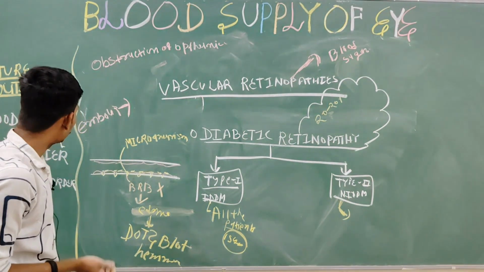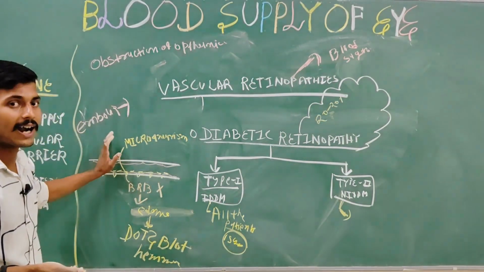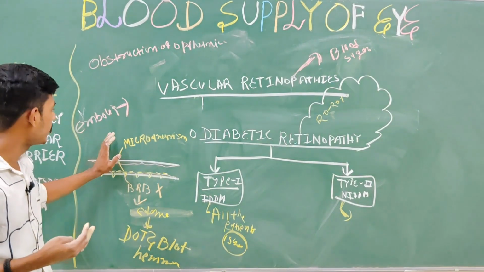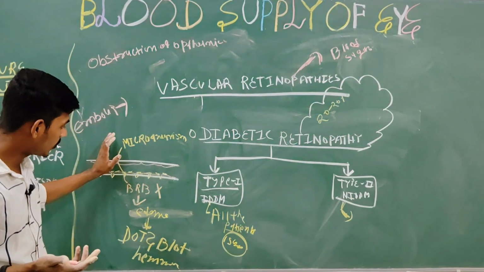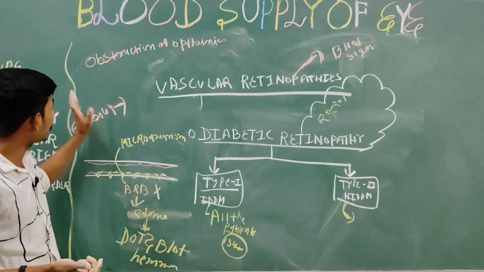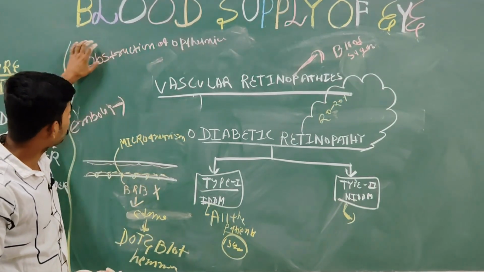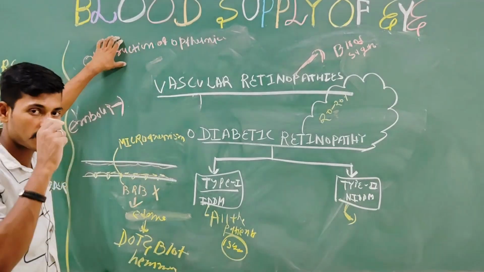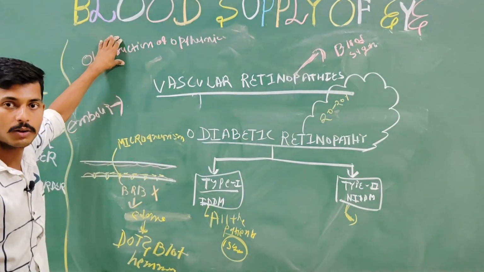Sometimes this embolism, in the case of atrial fibrillation, and sometimes a carotid artery problem, these emboli come and go directly to the ophthalmic artery and obstruct it.